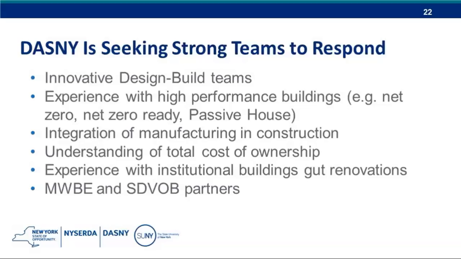We need to have the teams that can address that existing building stock with early and effective collaboration between design, construction, energy modeling, commissioning, post-occupancy evaluation assessments, manufacturing entities, and integration of those into pre-construction prep and planning. And this is just, I think, a business summation, an opportunity that you need to be aware of in order to differentiate your team, because this is the future of design and construction.